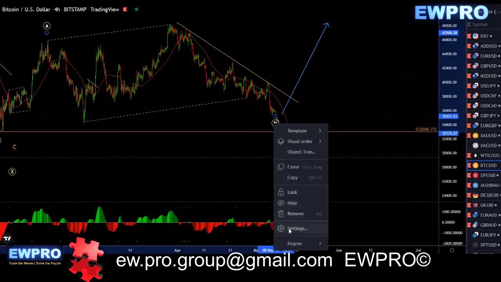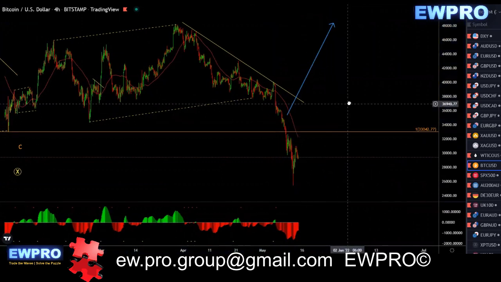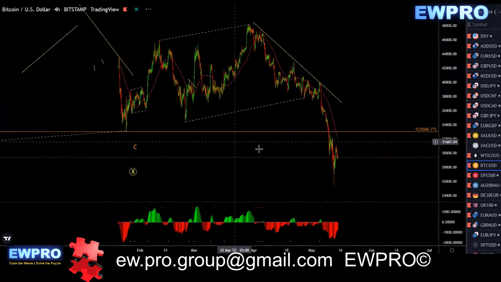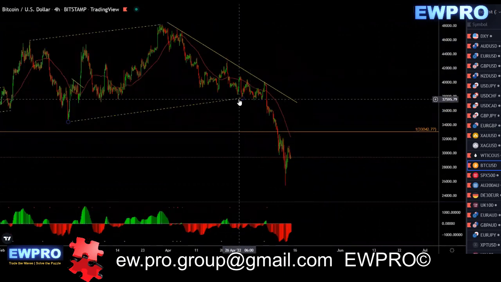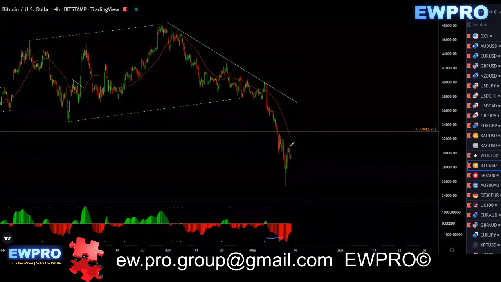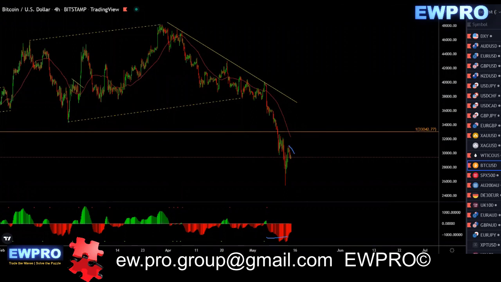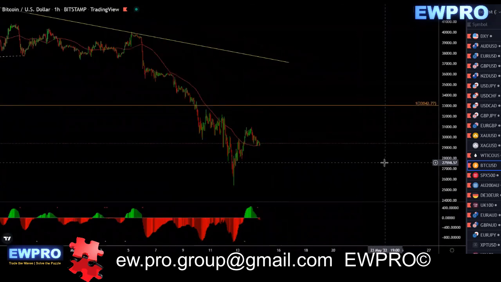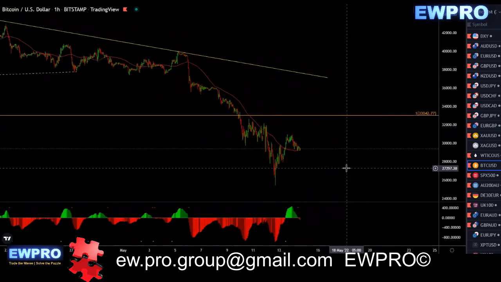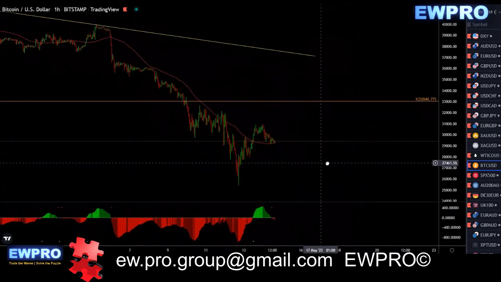I'll take that off because that didn't give us what I was looking for. So we don't have any bullish divergence on the H4. It looks like you may be getting a buy setup in here just for a scalp. If we go down to the H1, even on the H1, we don't have any bullish divergence, so it's very risky.